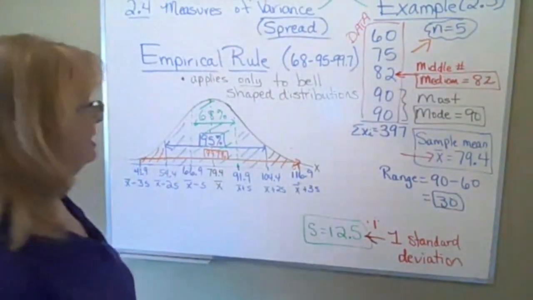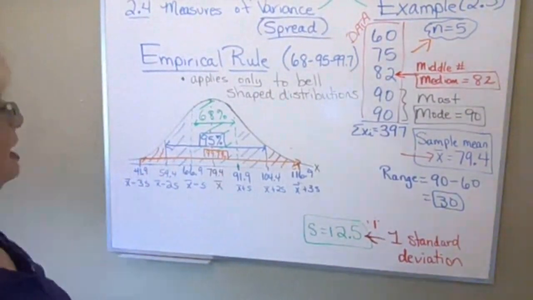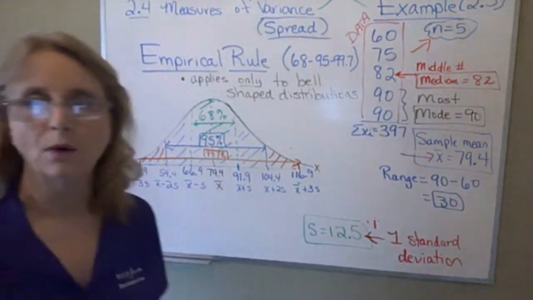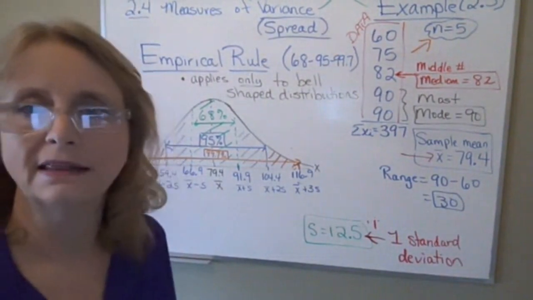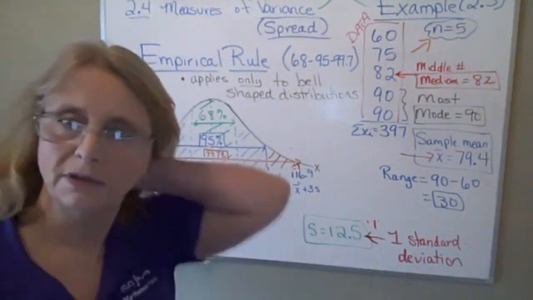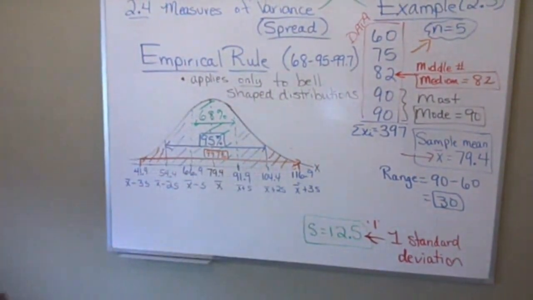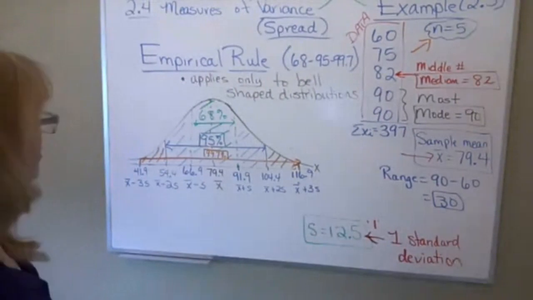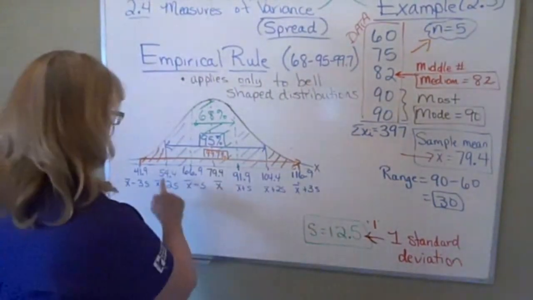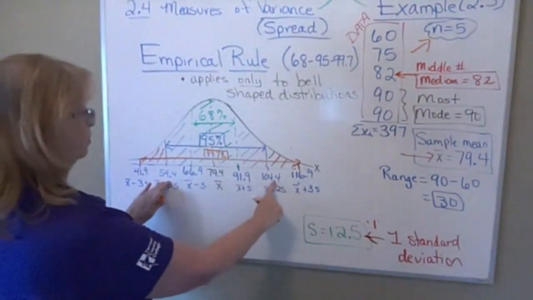So let's look at an example and see how that works. So I have an example, I think. No, I didn't do an example like this. I did an example of Chebyshev's theorem. So if I said, what percentage of the data values would be between 54.4 and 104.4?